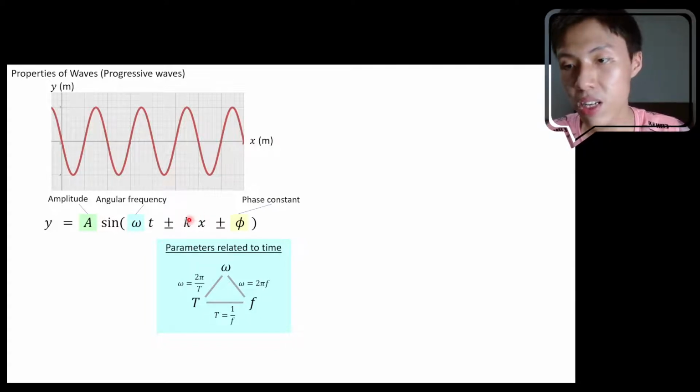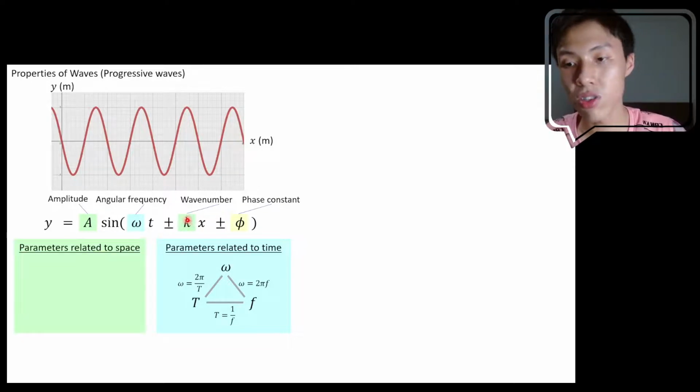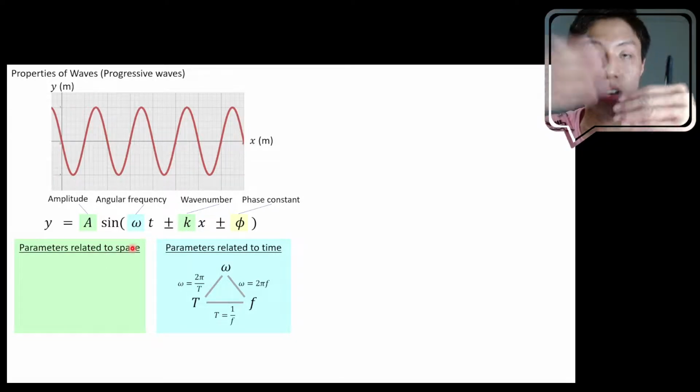The last parameter in this equation is k, and k here is the wave number. k is a parameter that is related to space, so let's investigate it. Parameters related to space basically mean parameters related to length or distance.